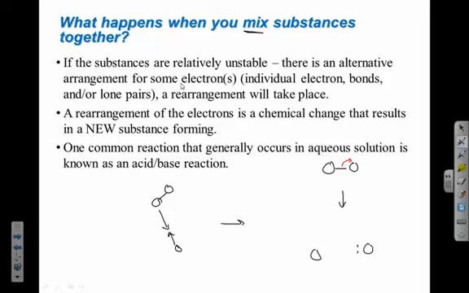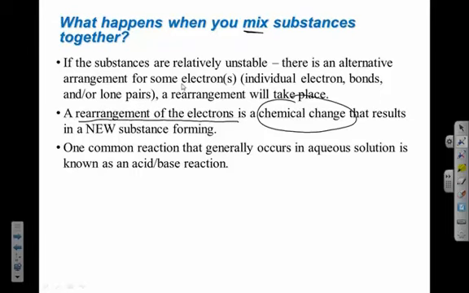It could break electrons more evenly, so one electron goes with one atom, the other electron goes with the other atom, and that would create temporarily, usually for only a little while, these things called free radicals, where instead of having a pair of electrons, it has one single electron in an orbital that doesn't have a partner. So there are lots of different ways electrons can be arranged, lots of different changes that can occur for the electron arrangement. But if there is a change in the electron arrangement, that's what a chemical reaction is.